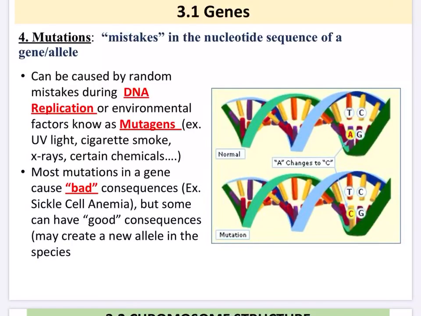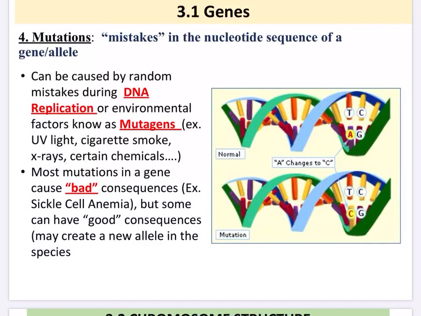Mutations are mistakes in the nucleotide sequence of a gene. This can happen any number of ways. One way is a mistake in DNA replication, where accidentally C doesn't pair up with G, and maybe T pairs up with G, and you've got an issue that has changed the amino acid sequence.